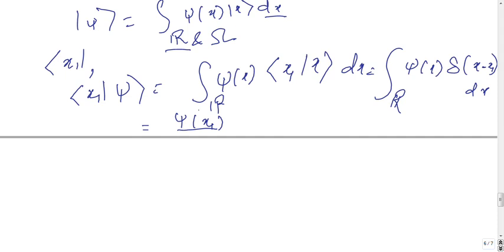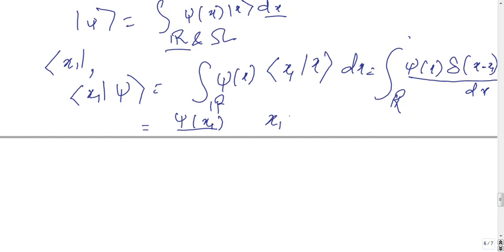Okay, then which is nothing but using the property of the Dirac delta function, which collapses any integration into this, because it is 0 elsewhere other than this x1.